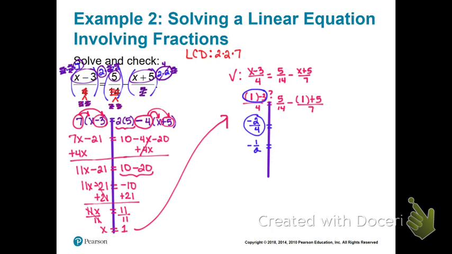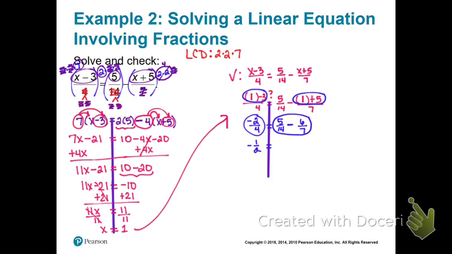Now, for the right side, you've got 5 over 14. Just a number, so just bring it down. Minus, and then we have a fraction. That fraction says 1 plus 5, which is 6 over 7, right? And now we've got to subtract these. So I'll let you put it in the calculator now if you want to.